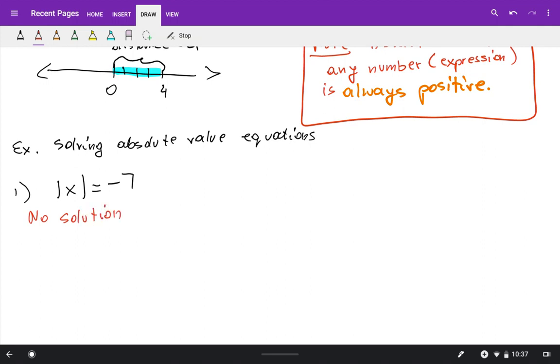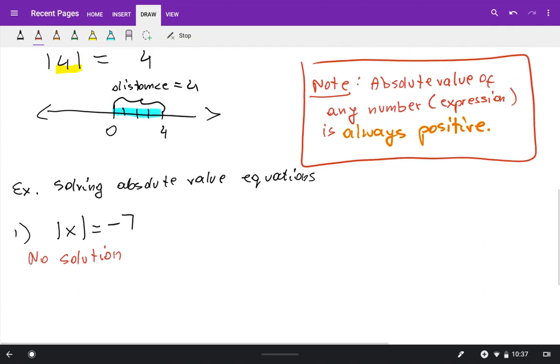Why is it no solution? Because I just put the note for you guys that absolute value of any number or expression, in this case expression because x eventually represents a number, is always positive. On the right side you have a negative number, so we cannot solve something like that. This is not true. No solution.